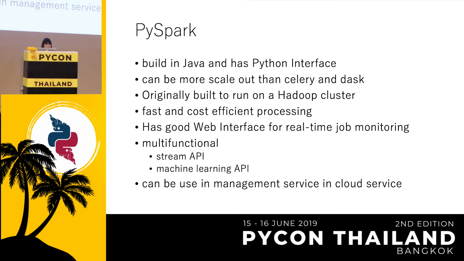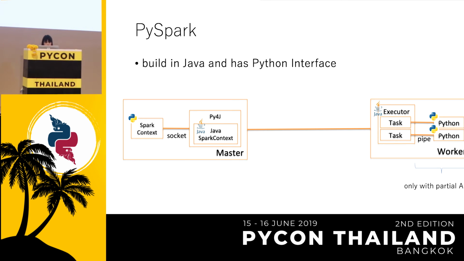Finally is PySpark. Spark is in fact built in Java and has a Python interface. PySpark can scale out more than Celery and Dask. This is PySpark's architecture.